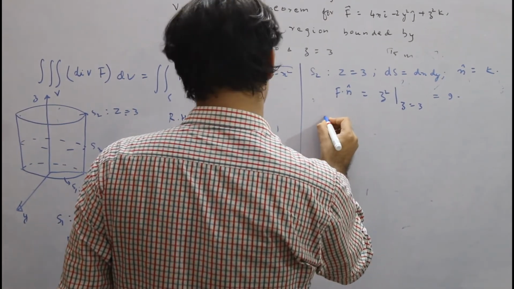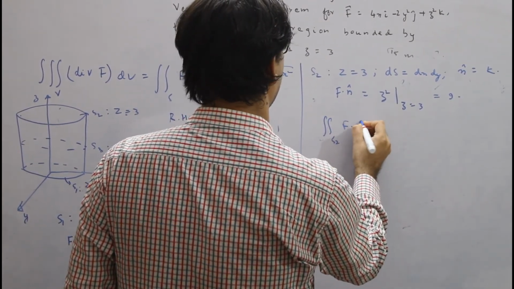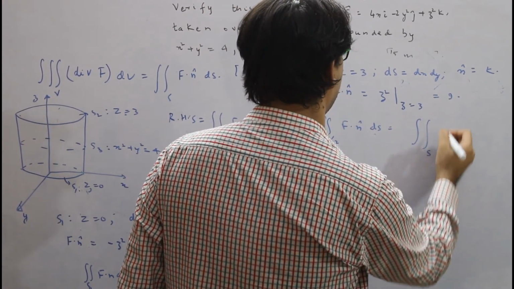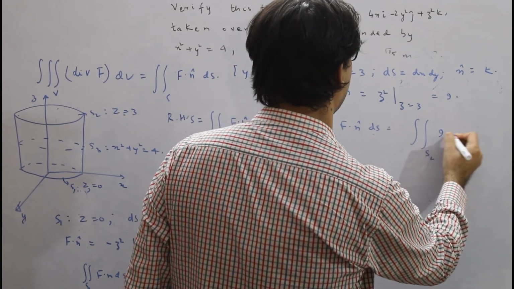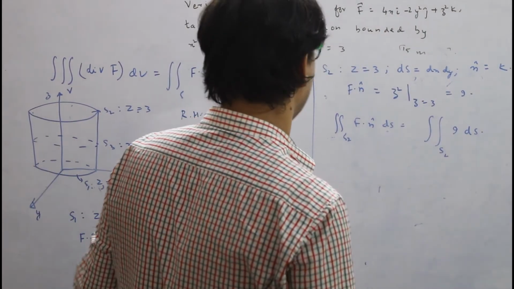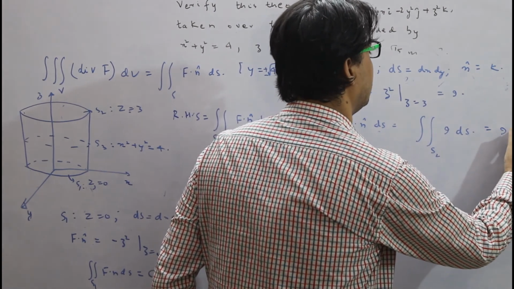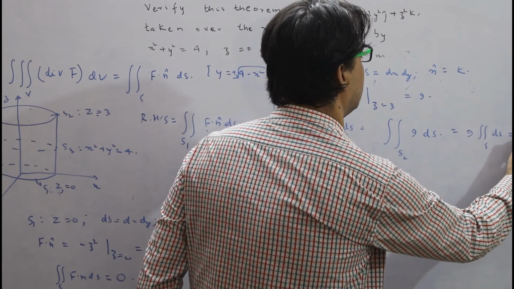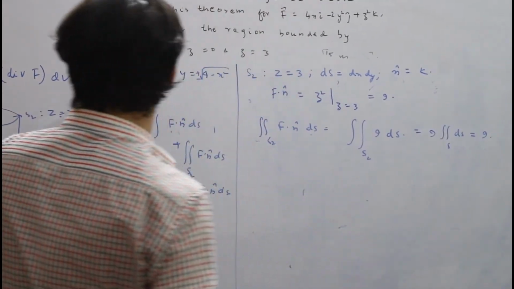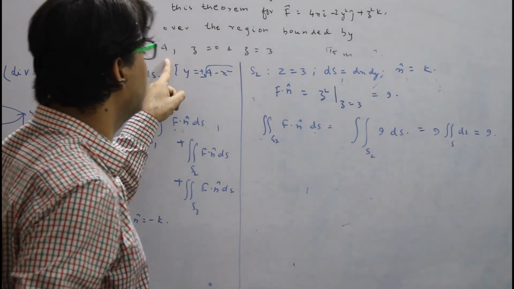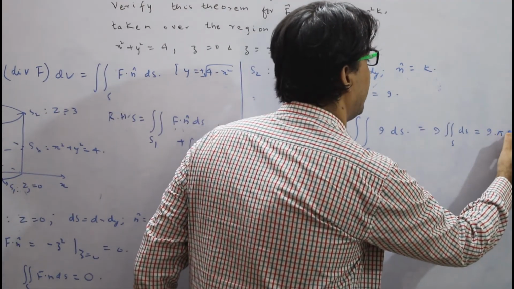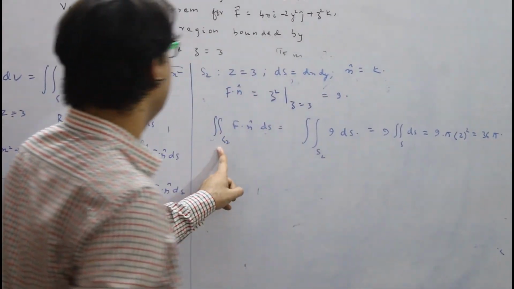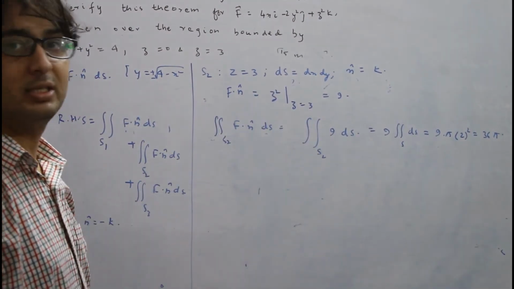So over S2, it is 9 dS. So we can write this as 9 times this surface area. We have to find the area of this, that is pi r square. So pi r square with r as 2, so this is 36 pi. So we have got our surface integral over S2, that is 36 pi.